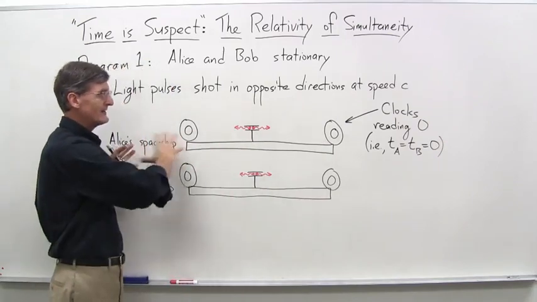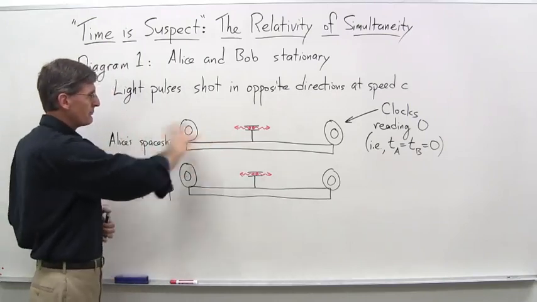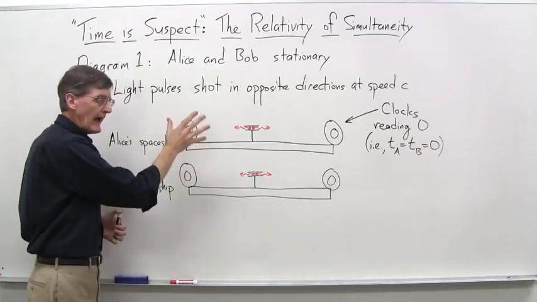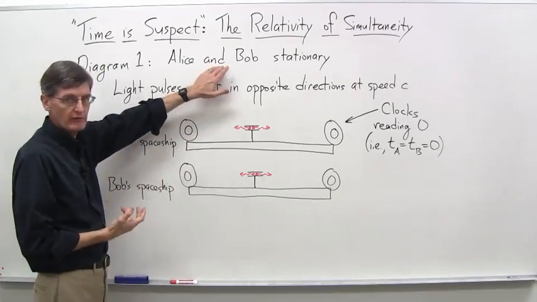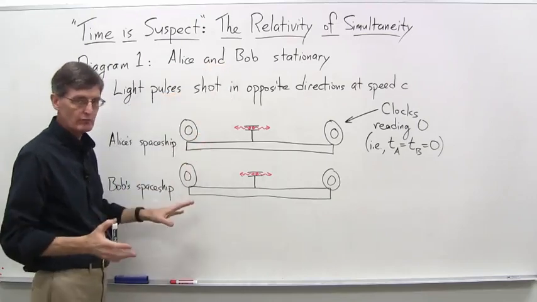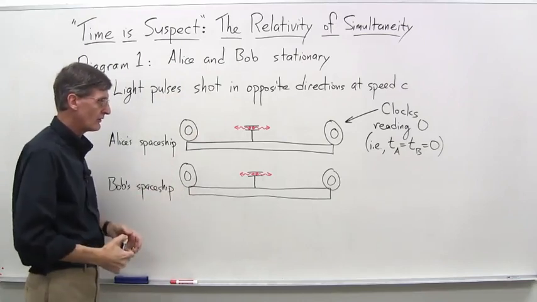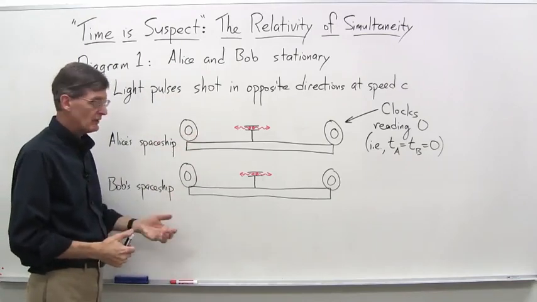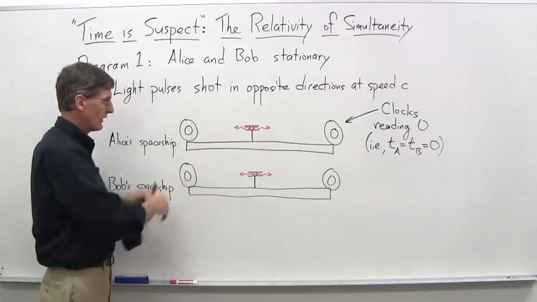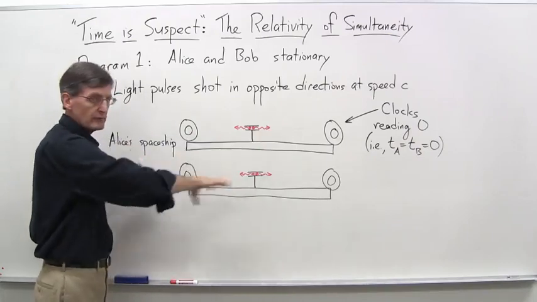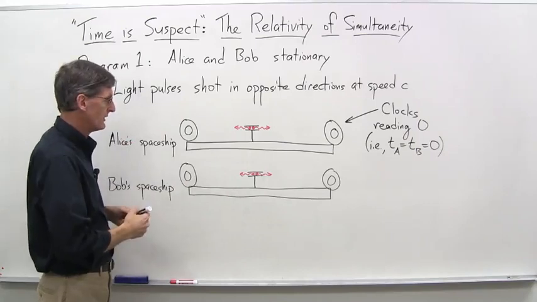So here's our initial situation. Light pulses are shot in opposite directions. Alice and Bob are stationary in this first scenario that we're looking at. Nobody's moving. They're just sitting right next to each other. And they each do the experiment. The light pulses are set off at exactly the same time. So Alice's light pulses go off. Bob's light pulses go off at the same instant in time.